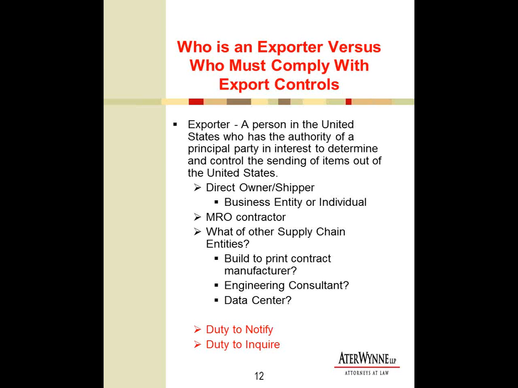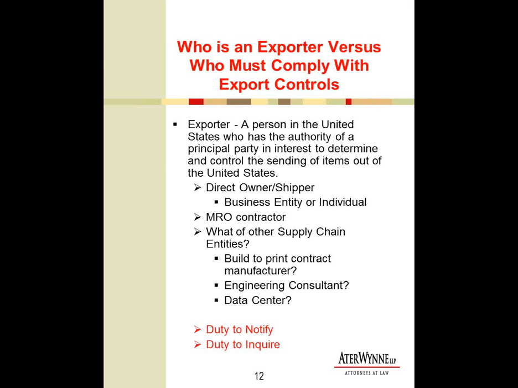Now, an exporter could be a direct shipper or an owner of a product. It could be an individual or a business entity. It could be a contractor in temporary custody of a product, or an entity or business providing services with regard to that item.